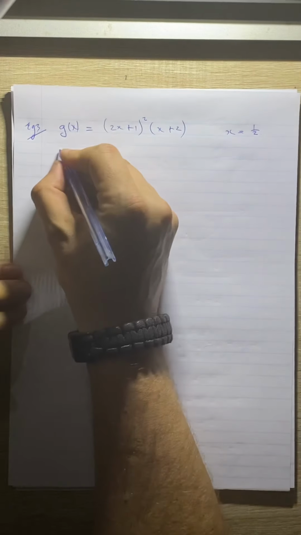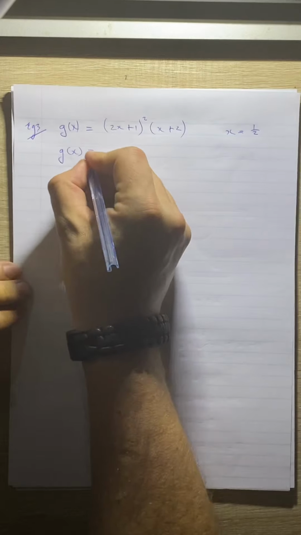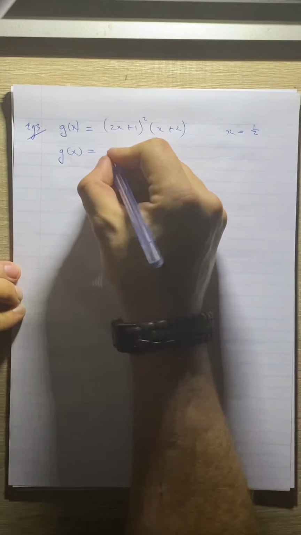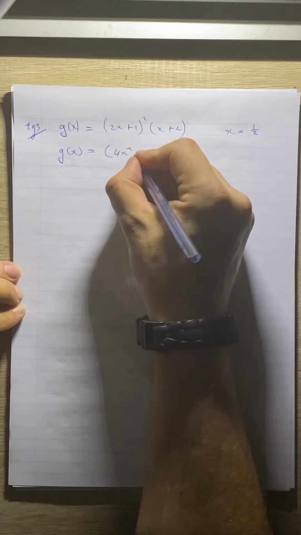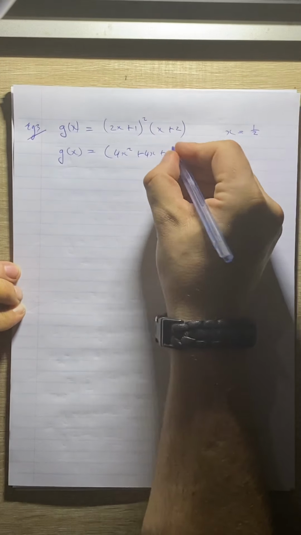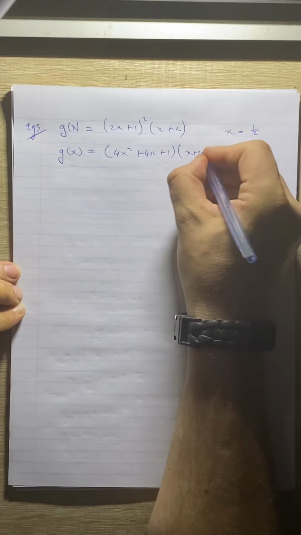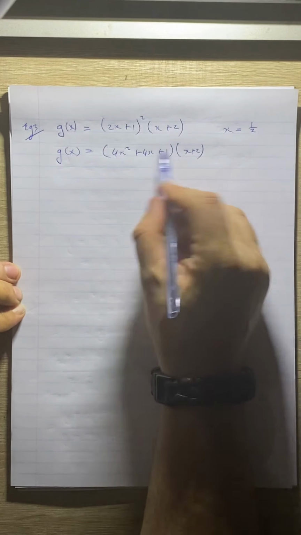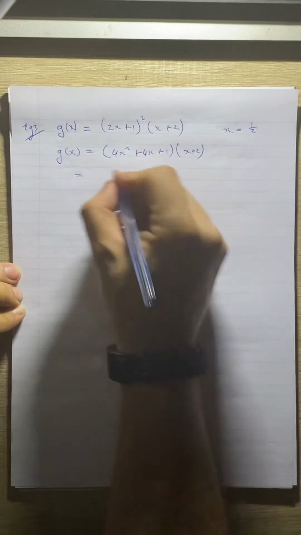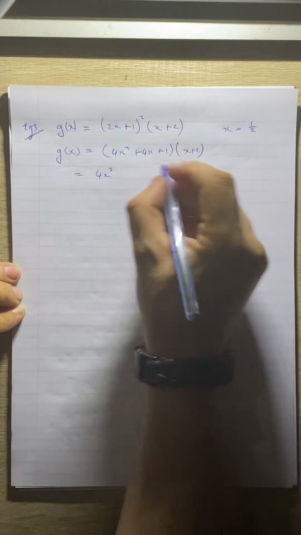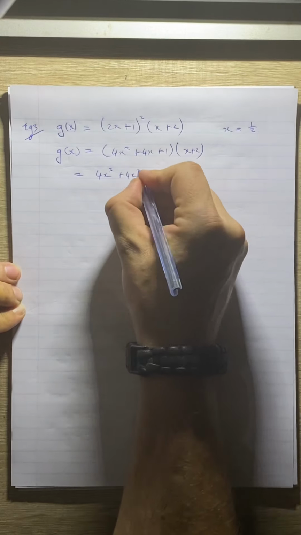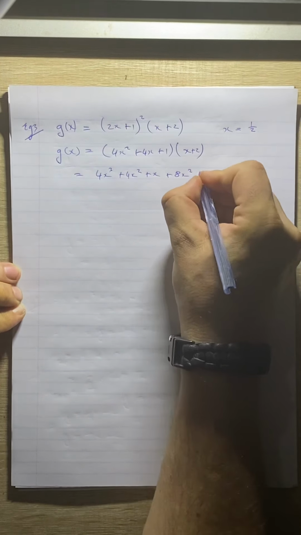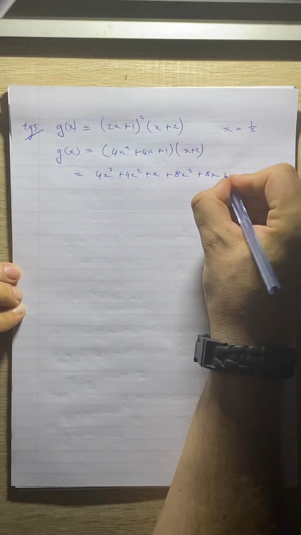Okay, so this will give me g of x is equal to, now this just means we got two brackets, so I'm going to FOIL it. We get 4x squared plus 4x plus 1 multiplied by x plus 2. Then I'm just going to multiply that in with each term, and the same thing goes with the 2. So that will give us 4x cubed plus 4x squared plus x plus 8x squared plus 8x plus 2.